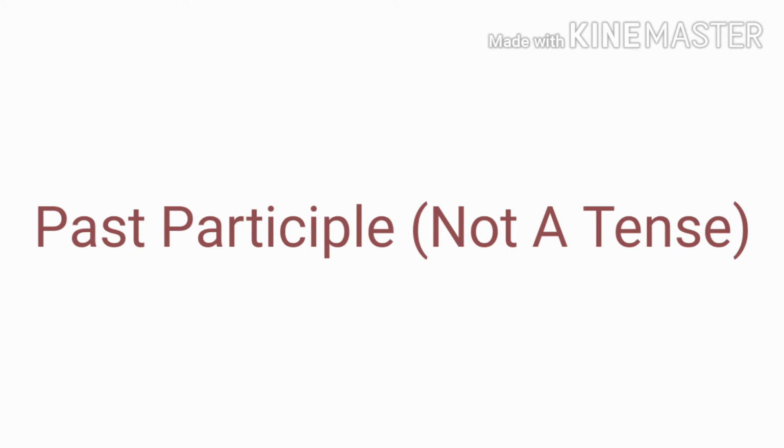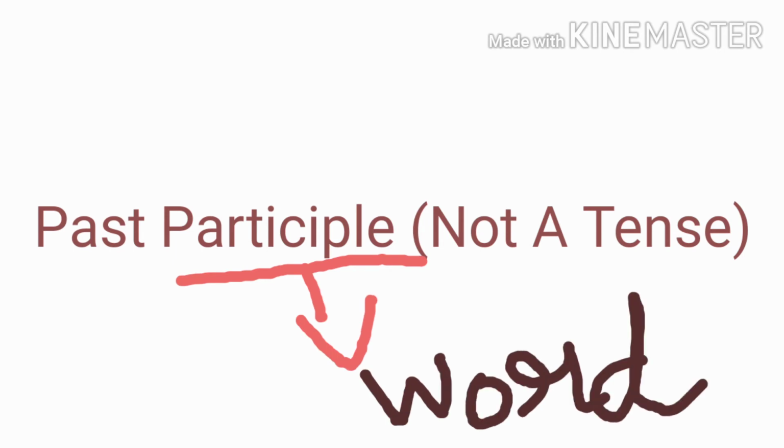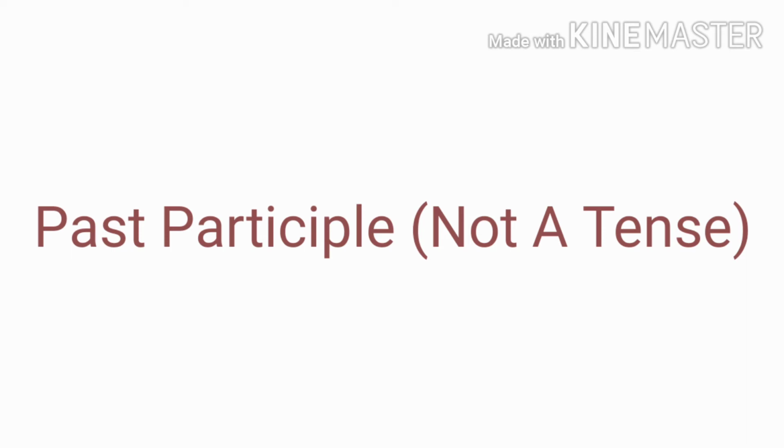Past is a tense, but participle is not a tense. A participle is a word that is formed from a verb, and is used as an adjective or to form a verb tense, probably ends with ed, d, t, en, and there are so many examples for it. So what you have to understand, children, is that the participle word, we don't call it a tense.